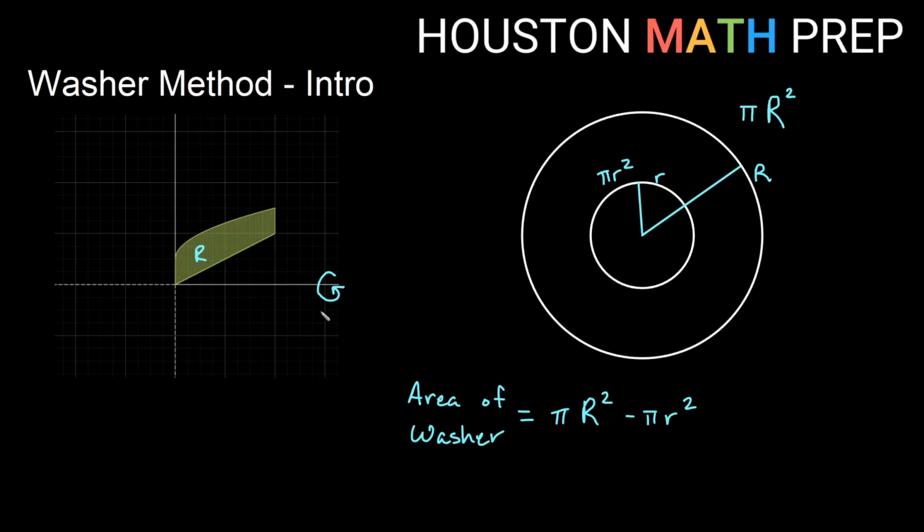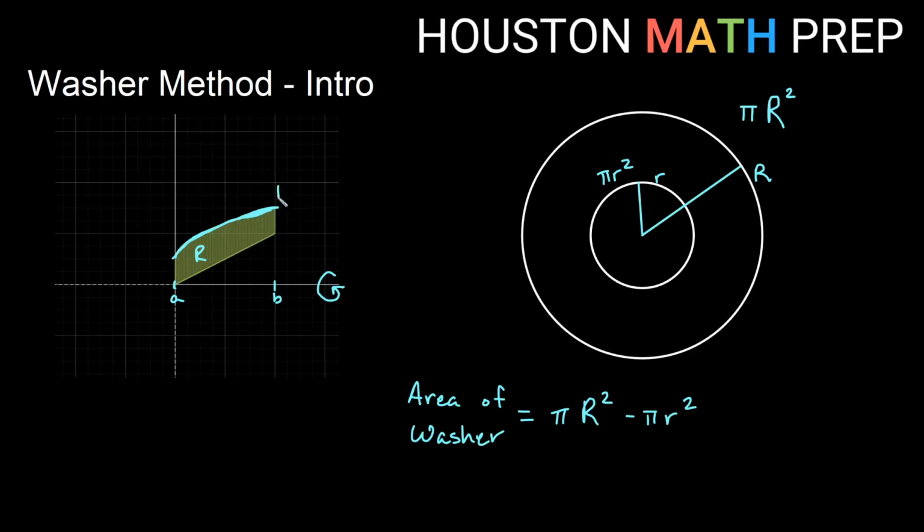Now, the size of each washer is changing. As we move from A to B, we're going to get sometimes not very much space in the middle. The outside size is also changing, so a lot of these are changing. If you think about revolving this, our boundary curve that is farthest away from the axis of revolution, that's going to be our larger radius.